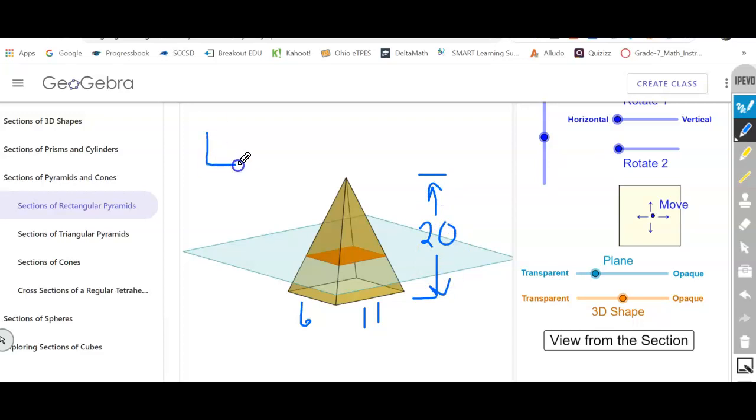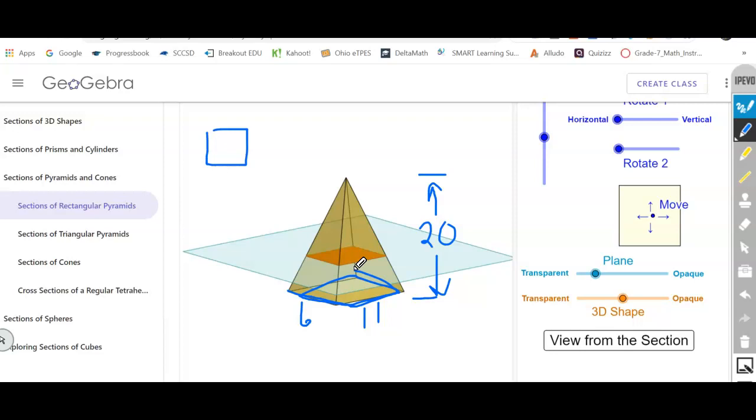Now, what do we know about that rectangle slice? Okay, you're on the right track. We don't know exactly how much less it will be. We just know that it's going to be smaller than the 6 by 11 bottom, right?